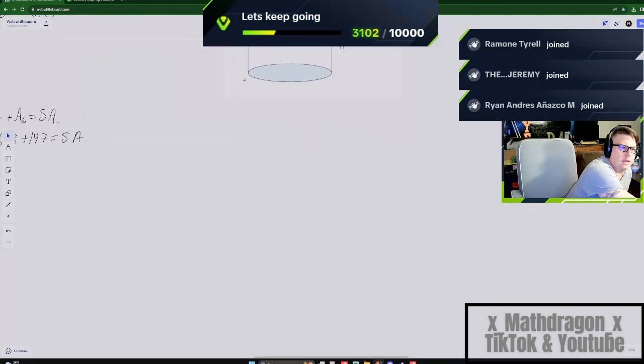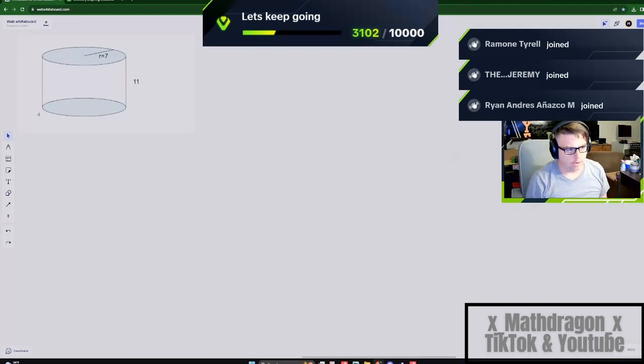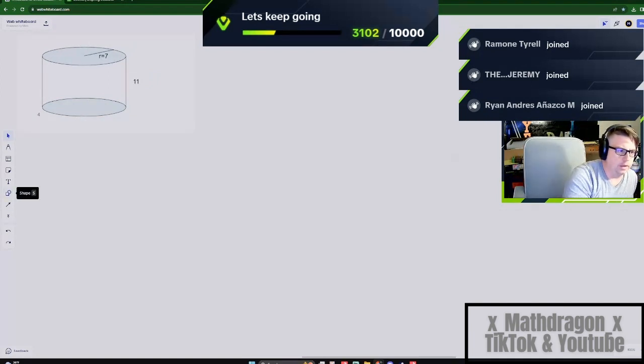Okay, so last example that I want to do for surface area. All right, so our net figure for this one is definitely a little different.